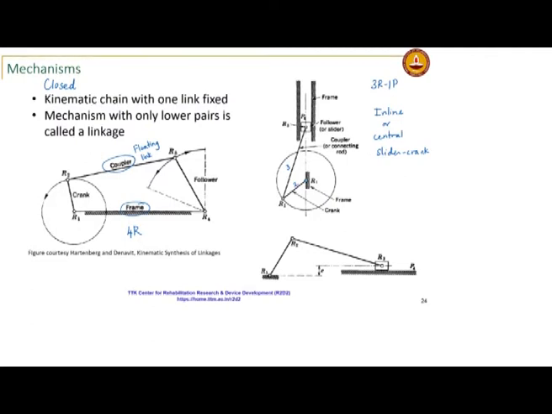If the two are offset, if the path of the slider is offset from the point of rotation of the crank, then this is called an offset or eccentric slider crank. Again, this is the crank, coupler and the slider block.